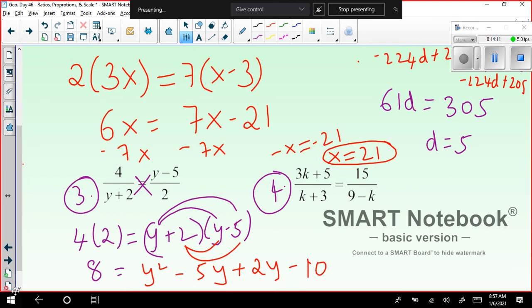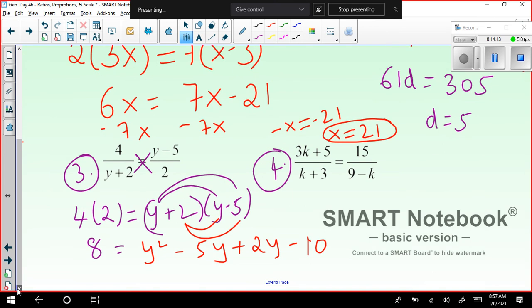Further, if I simplify, I will have 8 equals y square, minus 5y plus 2y, which is negative 3y, minus 10.